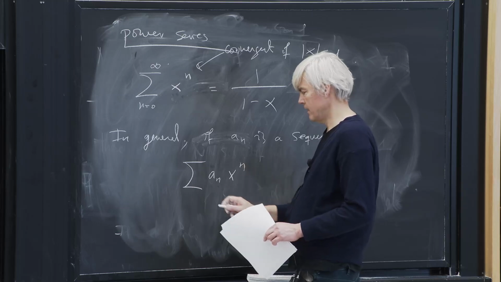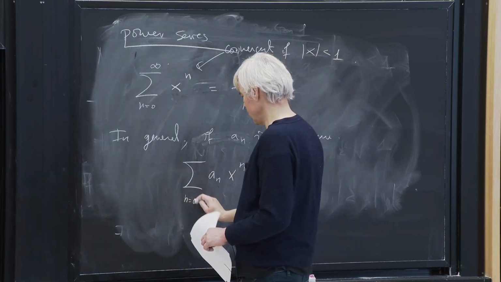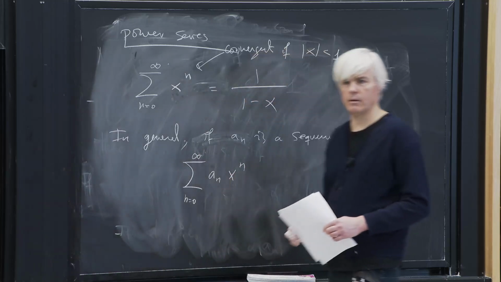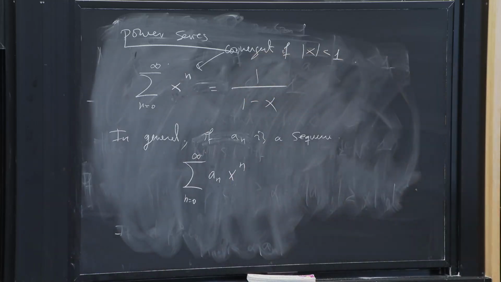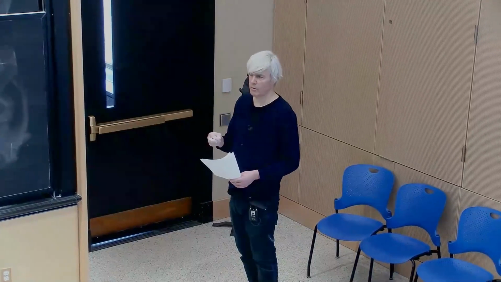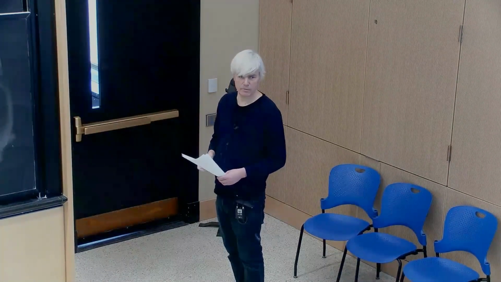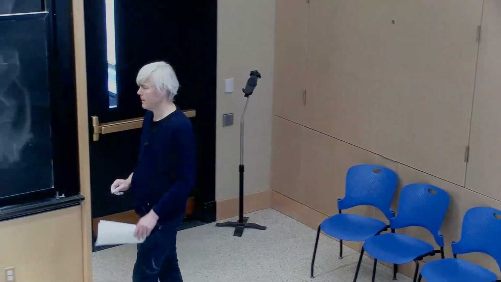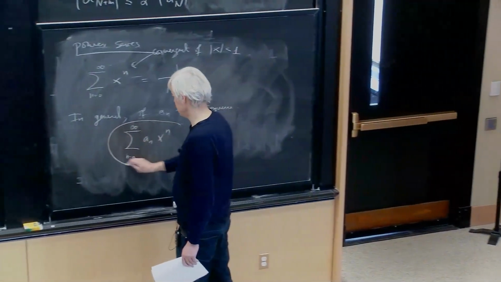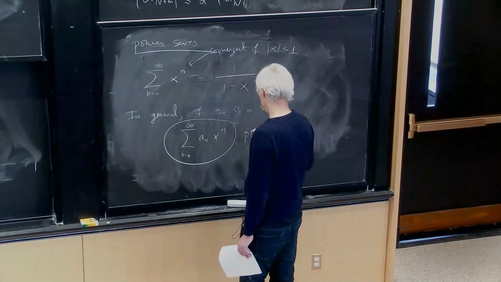So this is, if you will, sort of like an infinite polynomial, a polynomial of infinite degree, because it's the sum of all these polynomials. And this is called a power series.